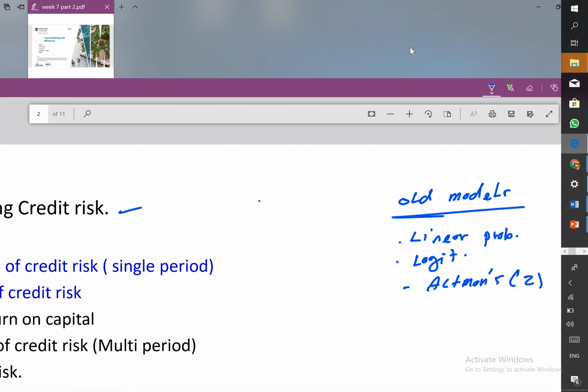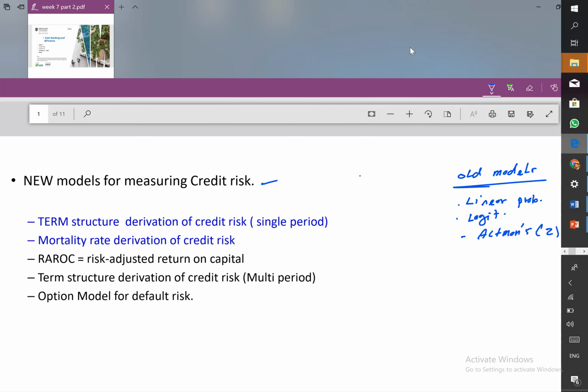Now we move to new models called the term structure, derivation of credit risk. This one we'll take in this part, and these 3 ones we will take in week 8.